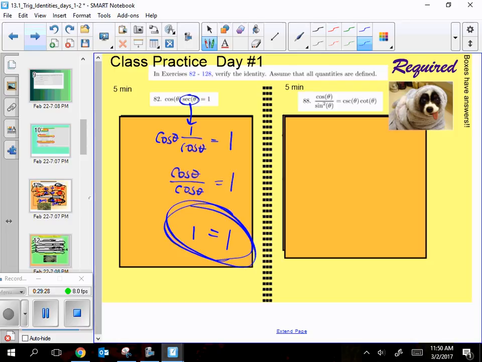can you see anything that we could swap out? There's a lot of things. Let's say I want to work on this side. Do I have to work on the left side? No, I can work on the right side. What's cosecant the same as? 1 over sine. What's cotangent the same as?